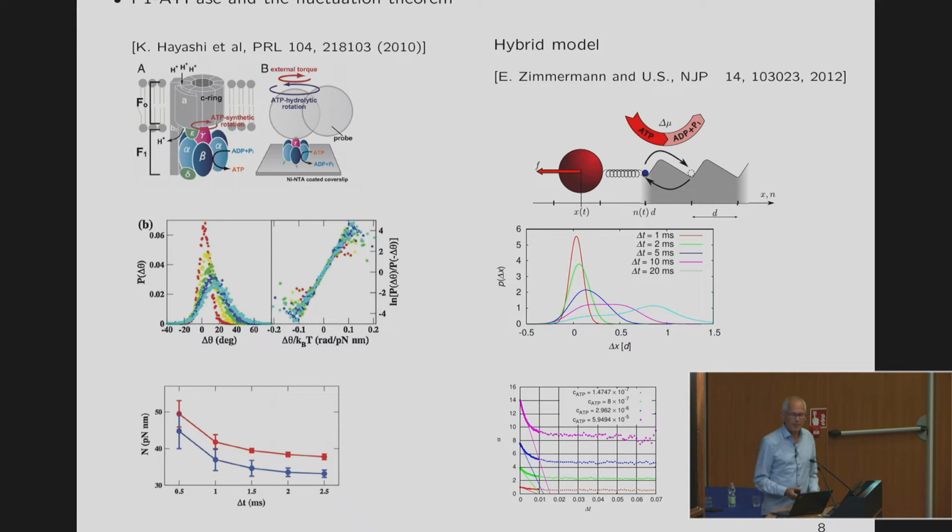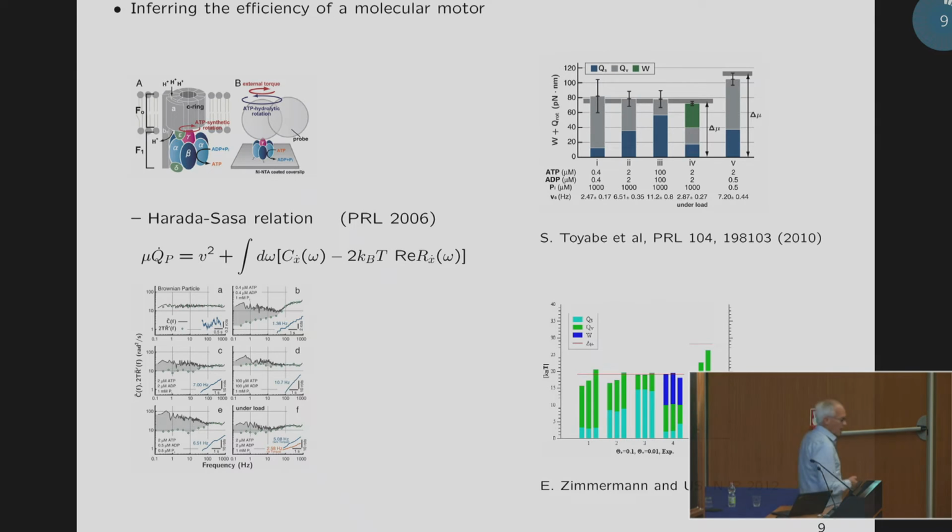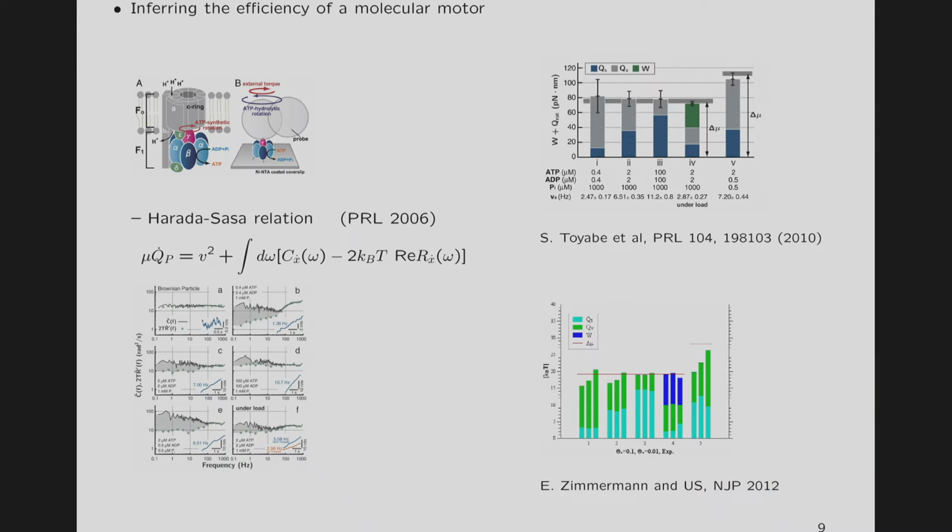But it's a model. Once you have the model, you can even use it, for instance, to look at efficiency. And we have seen this Harada-Sasa relation before. Toyabe and co-workers used this difference in a sense between a response function and correlation function in order to get information about dissipation. These were their data.